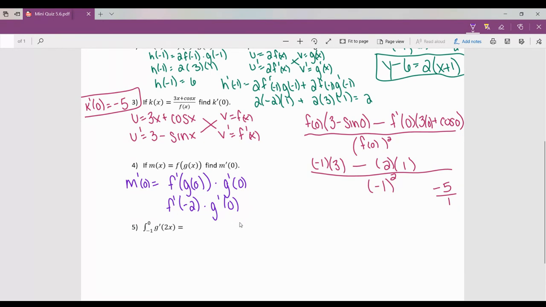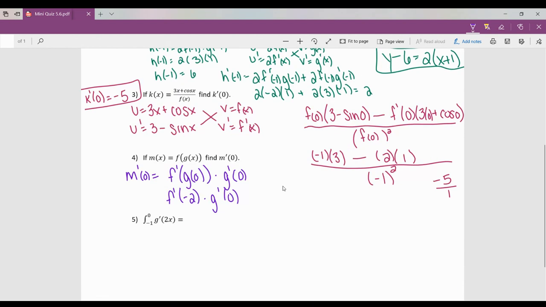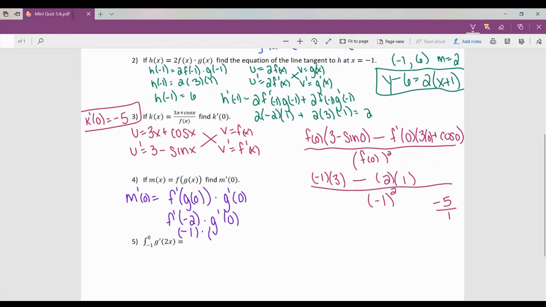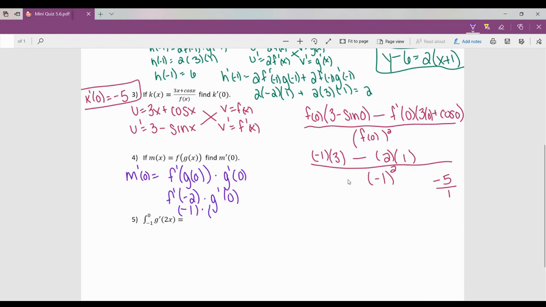Now I'm going to just find these two function values and multiply. F prime of -2 is -1 times g prime of 0, which is -3. So -1 times -3 is +3. M prime of 0 equals +3. Final answer.